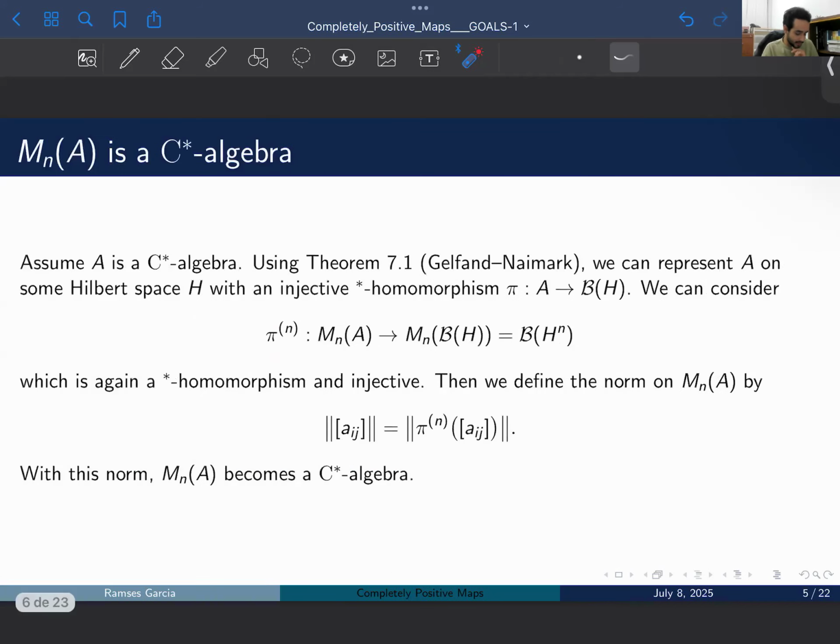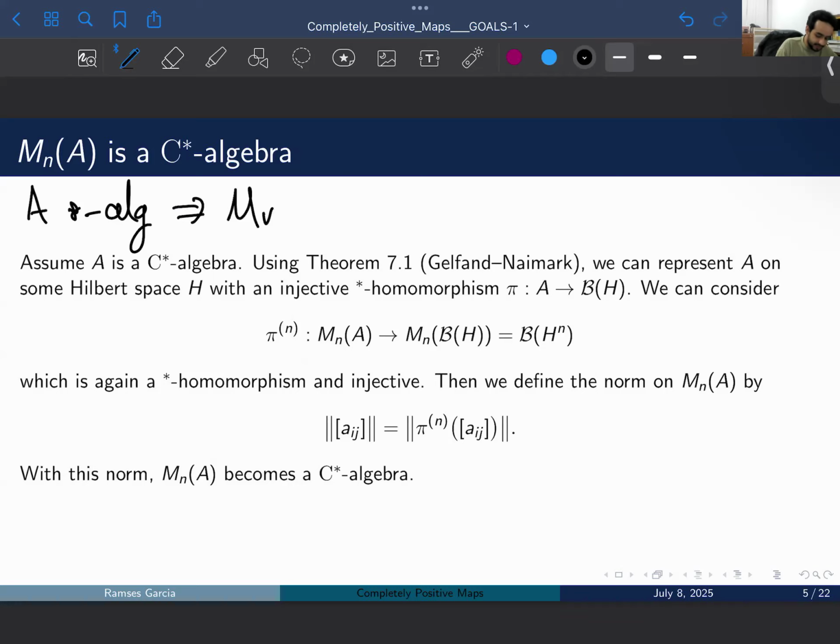An exercise is the following. We already know that if we have a star algebra, then the matrices over that star algebra is again a star algebra. What happens if the star algebra is a C*-algebra? Do we have a C*-algebra structure?